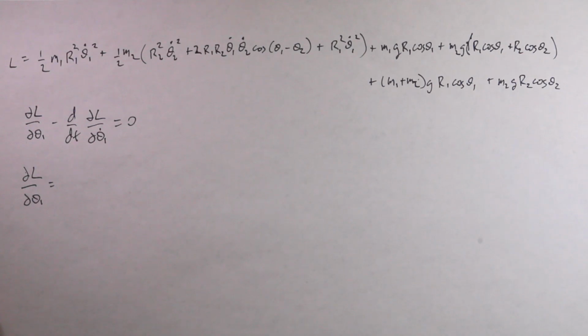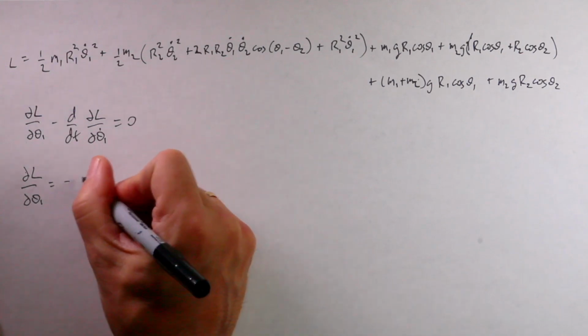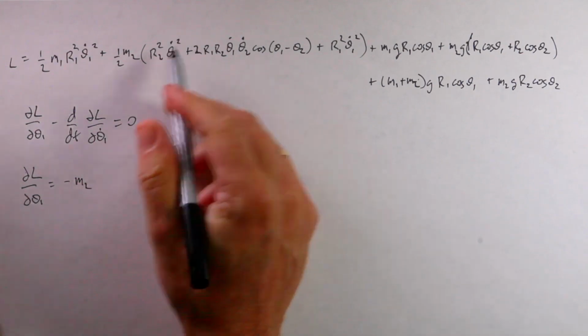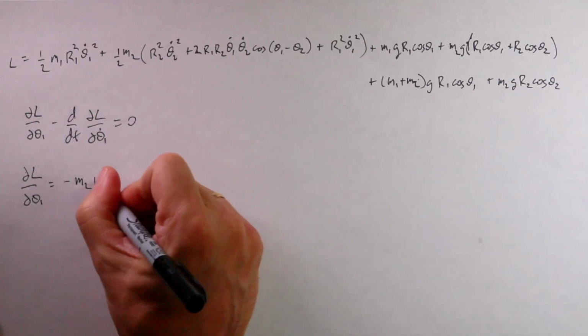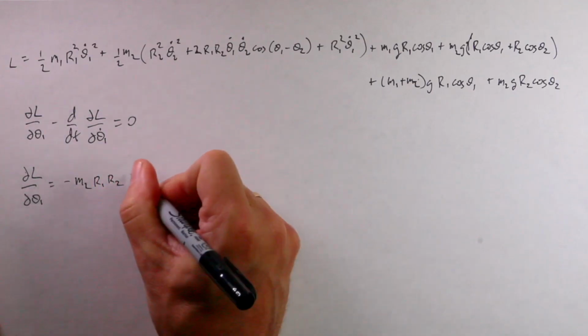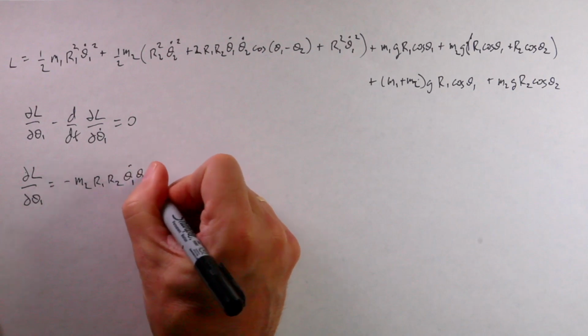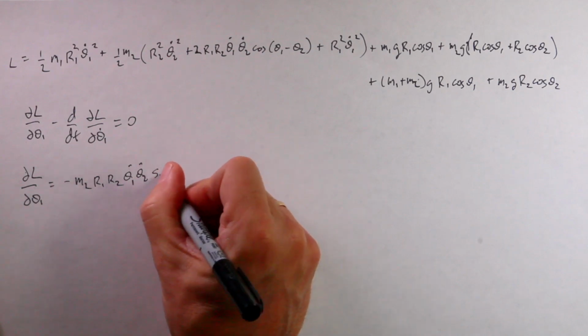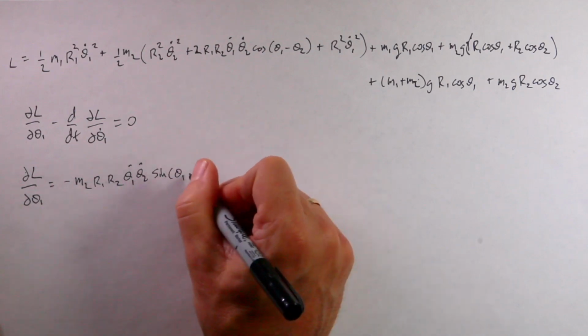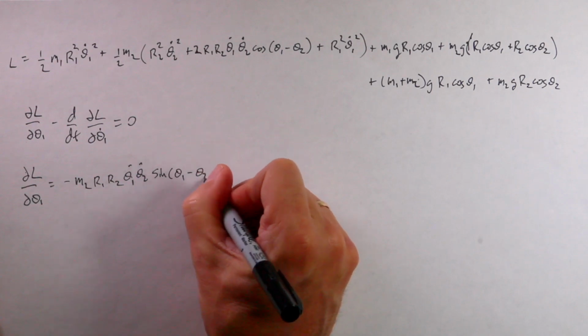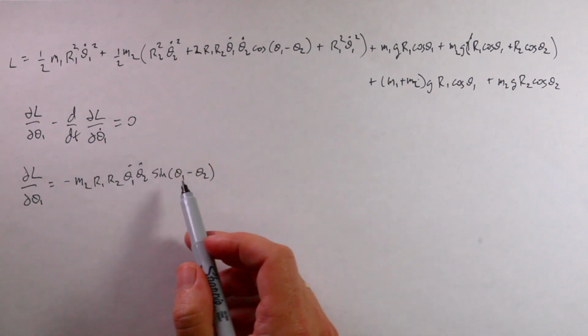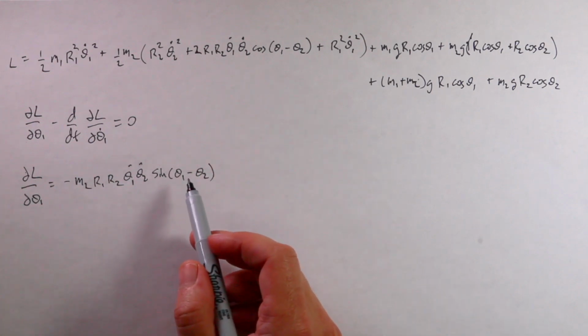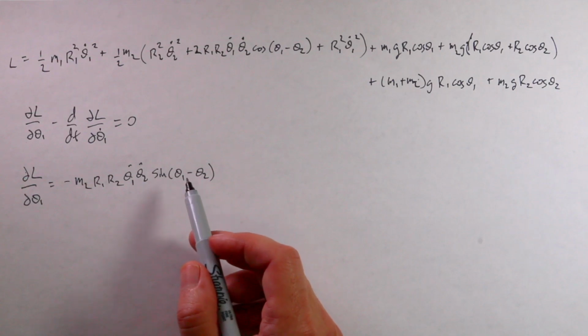So I get negative m2, and then I'm multiplying this by all that stuff: r1, r2, theta 1 dot, theta 2 dot, those are all constants, sine of (theta 1 minus theta 2), and then I have to take the partial of the inside, which is just 1, right? The partial of theta 1 with respect to theta 1 is 1.